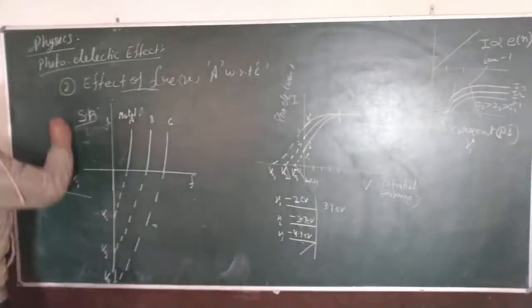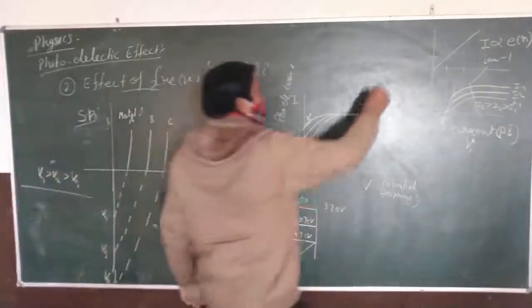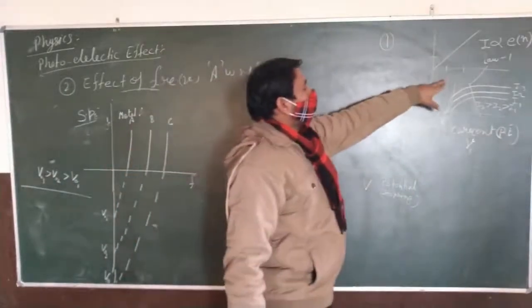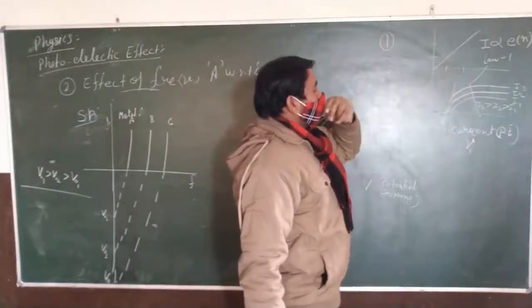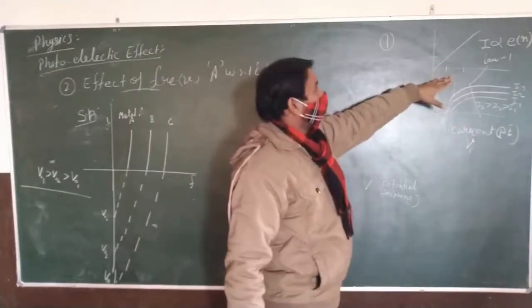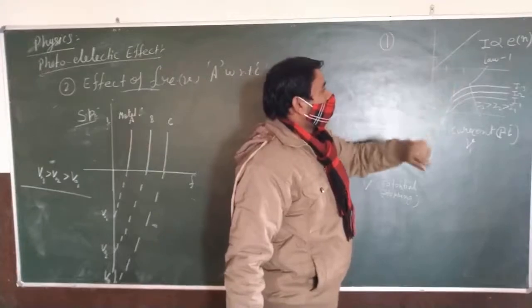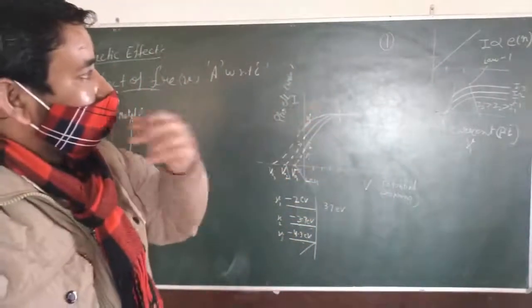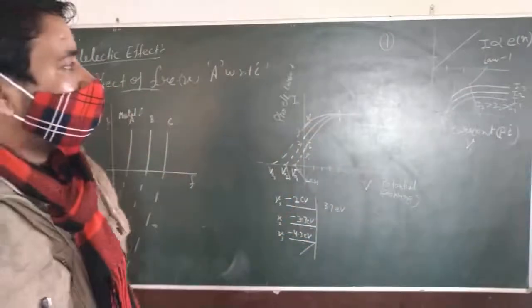Here we discussed that when light falls on a photosensitive metal or material, the emission of electrons takes place per second as the intensity of light falling on it.